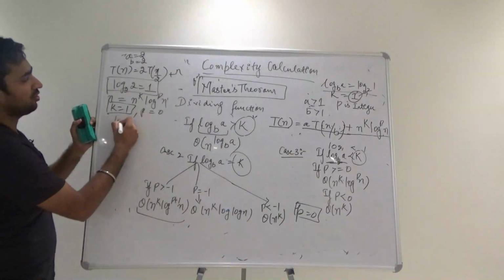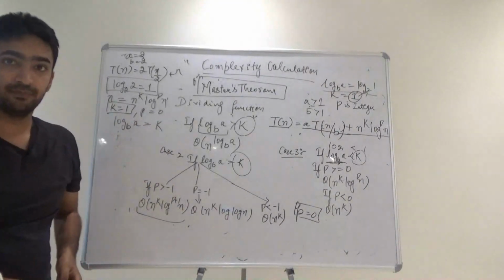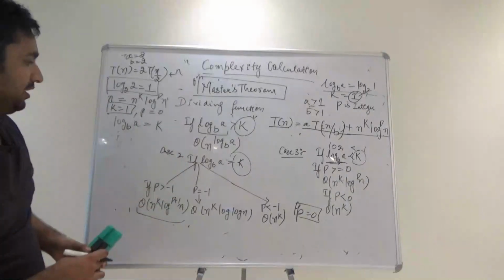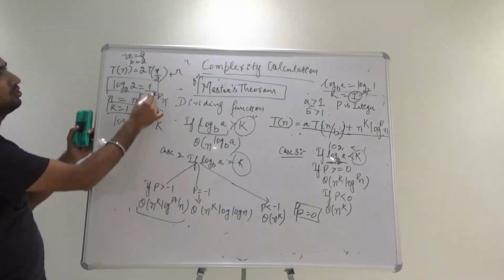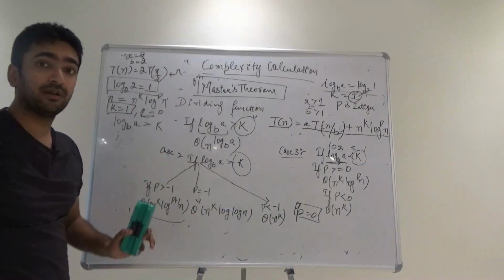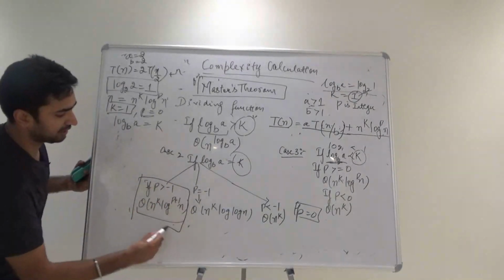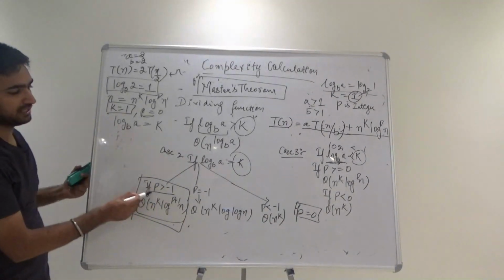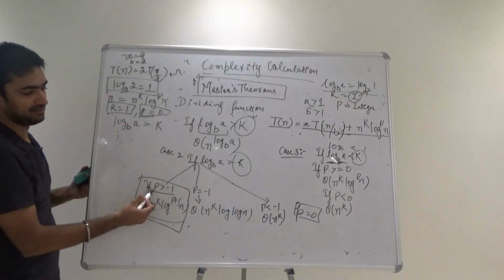Eventually log base b of a is actually equal to your k. If it is equal to k, you have to see which case it is. Your p value, there is no log written over here, so clearly your p value is 0. It means this belongs to this particular case. Why? Because your p value, which was found to be 0, is greater than -1.